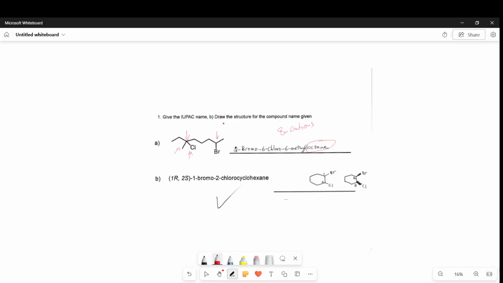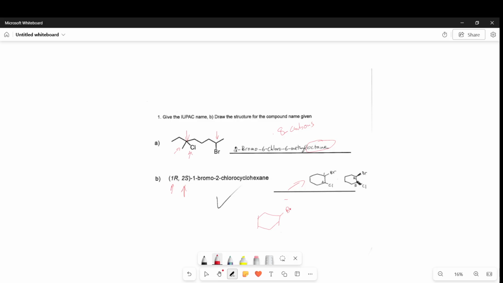So the second question is, draw the structure for the compound name given. Here you are given the stereochemistry, 1R and 2S. So that means you should be able to draw 1-bromo-2-chlorocyclohexane. As you know, cyclohexane is this structure, as is given here as the answer key.